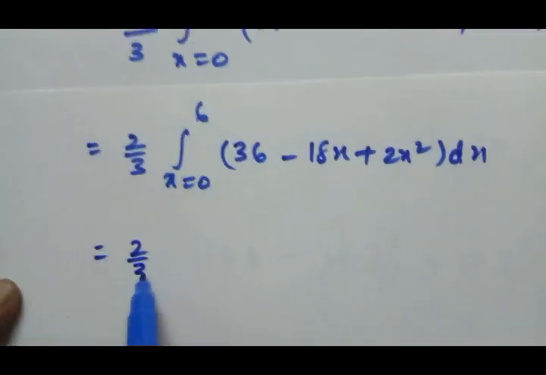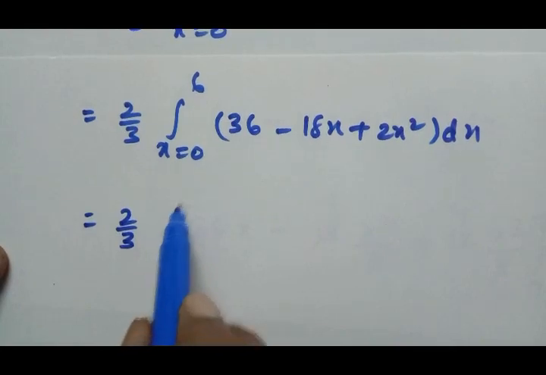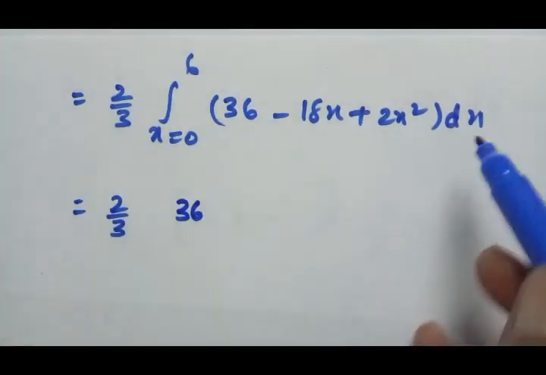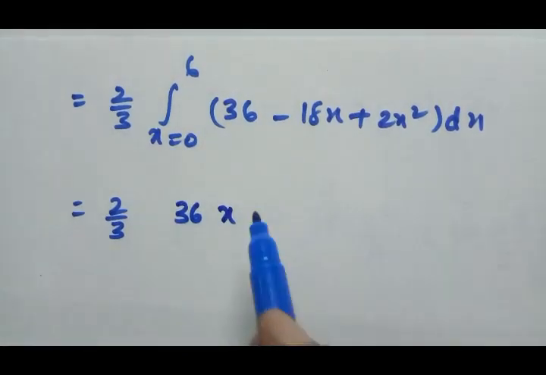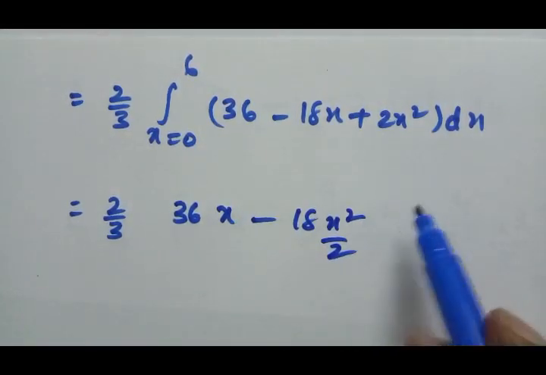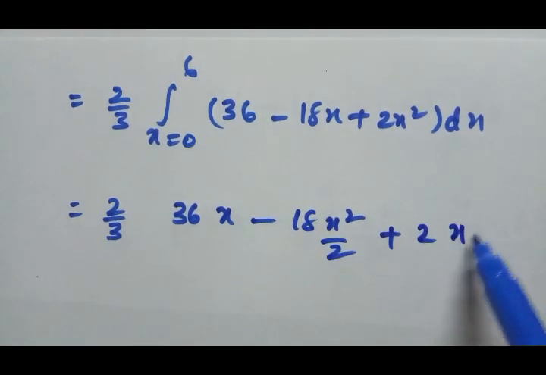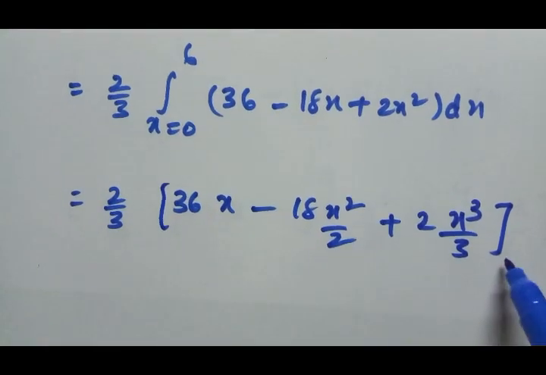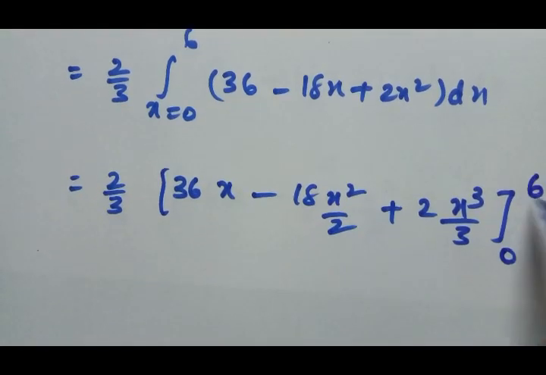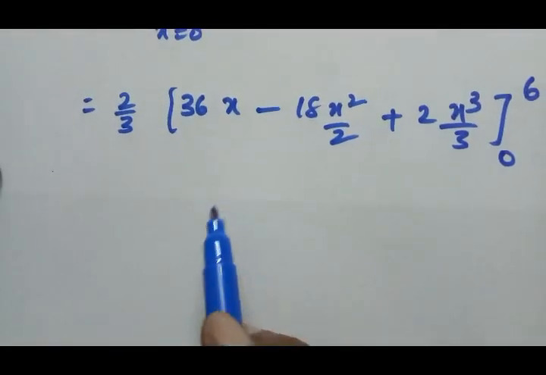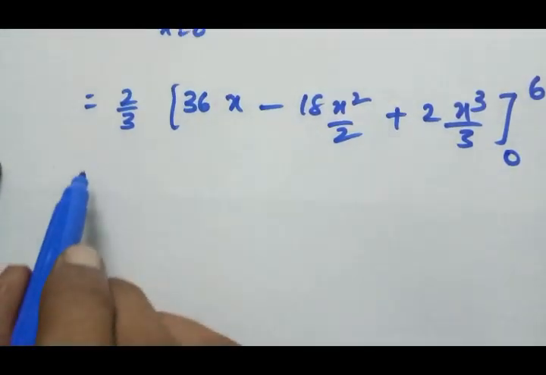2 by 3, integration of 36 with respect to x, that is 36x, minus 18 into x square by 2, plus 2 into x cube by 3, upper limit 6, lower limit is 0, therefore 0 to 6. We are using the integration of x power n is equal to x power n plus 1 by n plus 1.